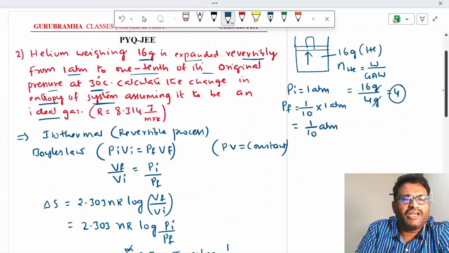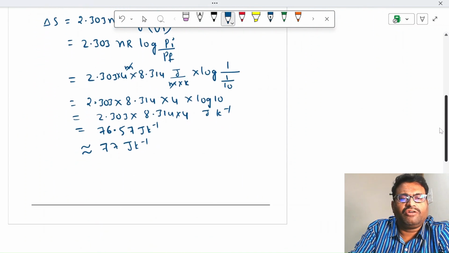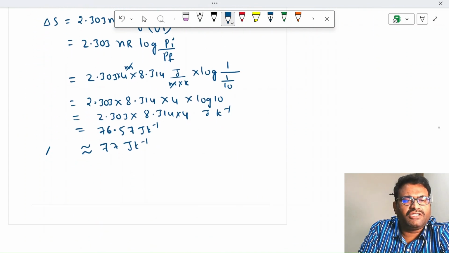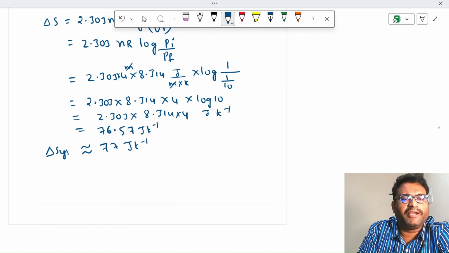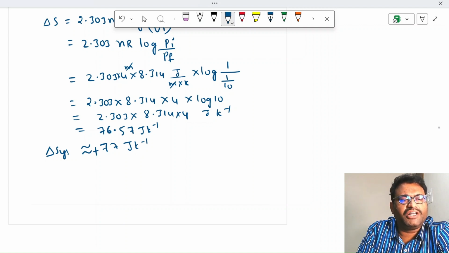This is all happening in the cylinder enclosed by a piston, so that is considered to be the system. As it is expanding, the change in the entropy will be positive. If it is undergoing compression, no doubt the change in the entropy of the system will be negative.